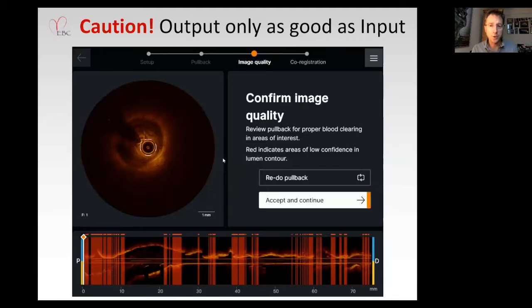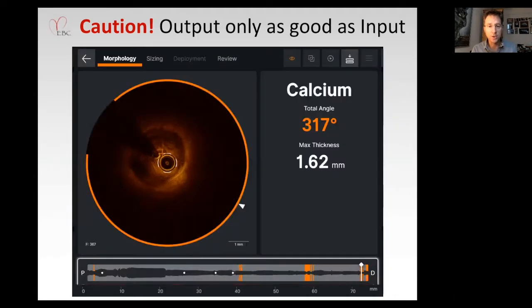Beyond that, I think there's also a cautionary note, which is this is the example of the pullback actually down the same patient's left anterior descending artery, where I failed to clear the vessel of blood, and we see lots of red delineating a question over the quality of lumen demarcation.